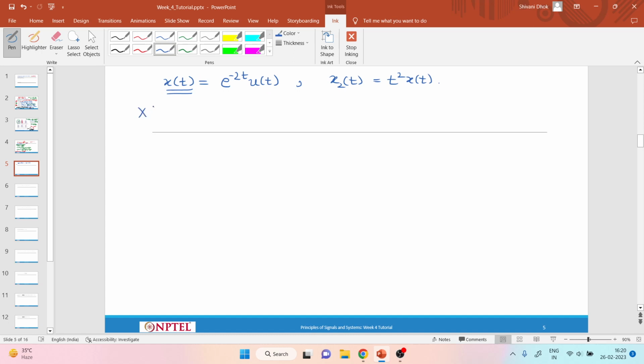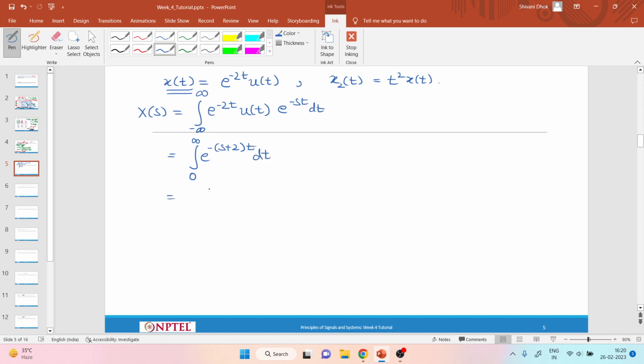Let's say X(s) is the Laplace transform of x(t), so we can find it as the integral from minus infinity to infinity of e^(-2t) u(t) e^(-st) dt. We'll use the definition of the unit step function, so it will be non-zero from 0 to infinity: the integral of e^(-(s+2)t) dt.